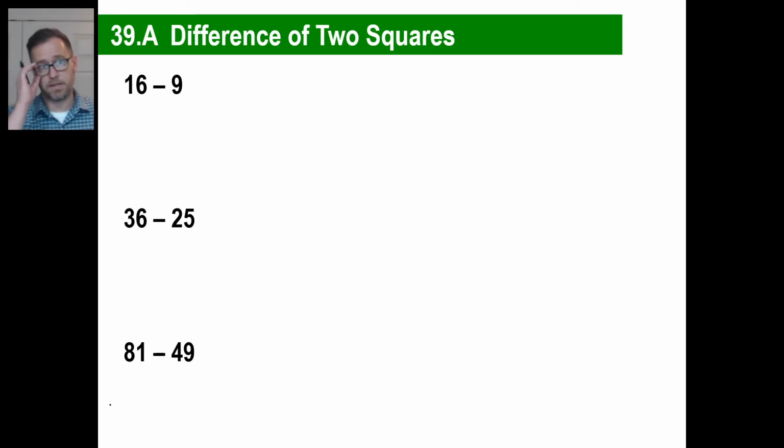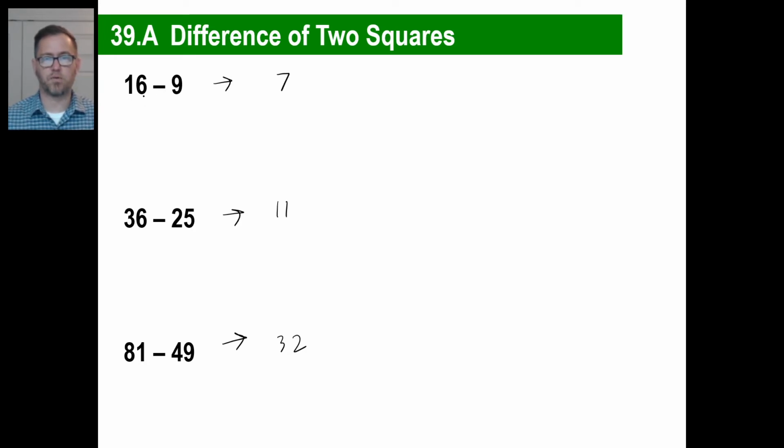Now look at this. If you have 16 minus 9, obviously we know the answer is 7. 36 minus 25 is 11, of course. 81 minus 49, well, 81 minus 50 is 31, so 81 minus less than that is 32. Look at what we can do here.